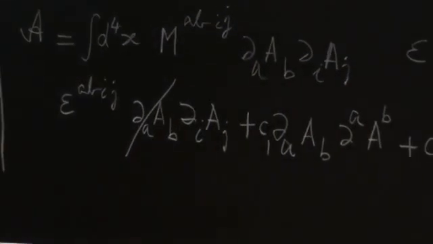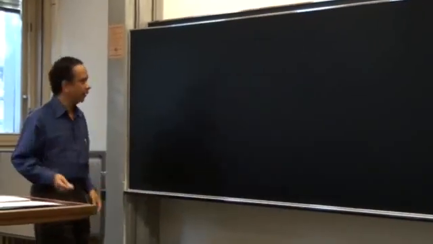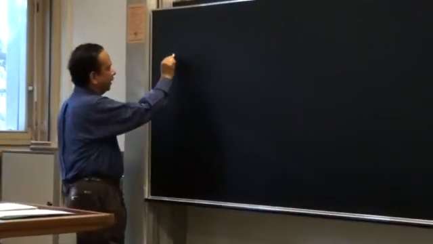Okay. Now let us play this game for h_ab. So I want to do the same thing for the case of, let's say, a weak gravitational field or a spin-2 field or whatever. So what is the action I want to write?